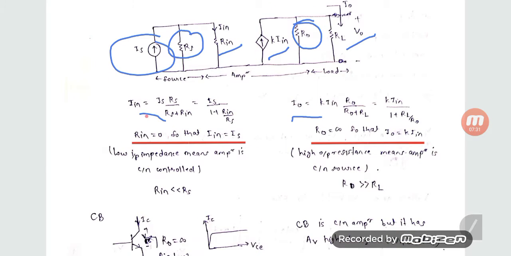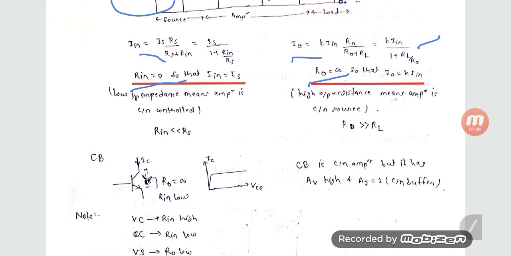To get high Iin from Is, we require low Rin. Rin should ideally be 0, and similarly to get high I0, R0 should be infinity through this equation. So in a current controlled current source, we require low input resistance and high output resistance.